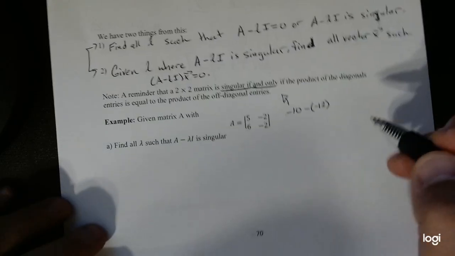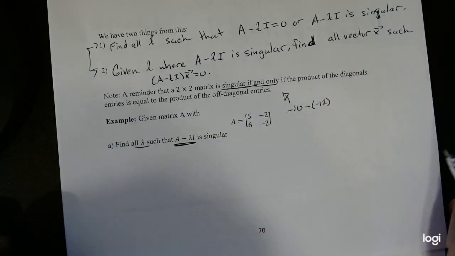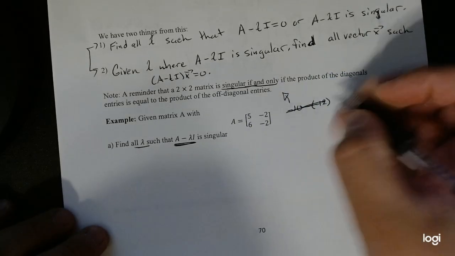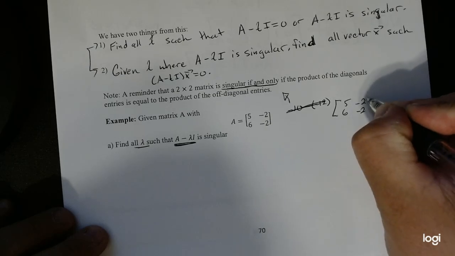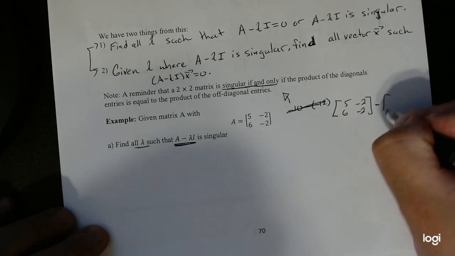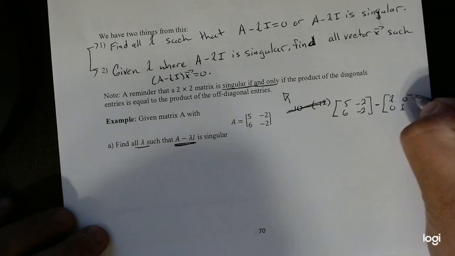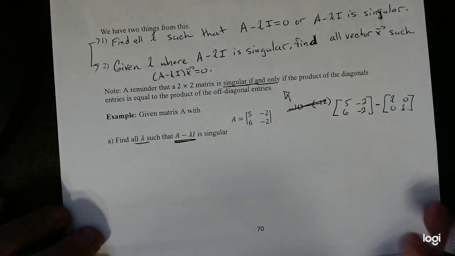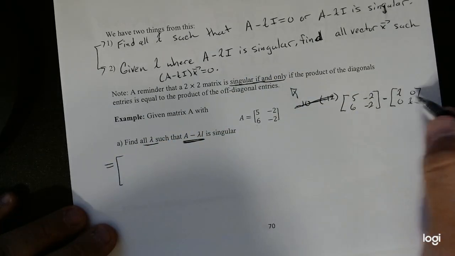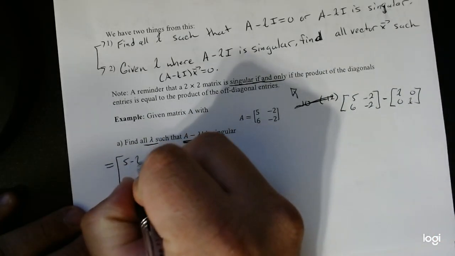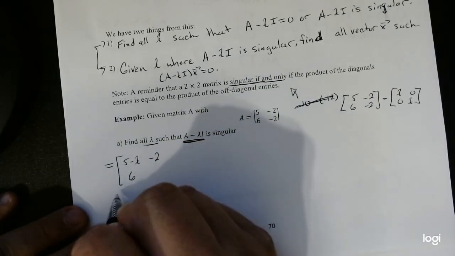Now, how do we do that? First of all, we have to find all lambda that makes this true. So we take the A matrix minus lambda I. It's going to be lambda times 1, 0, 0, lambda. If I distribute the lambda into the identity matrix and subtract entry to entry, hopefully this looks very familiar.